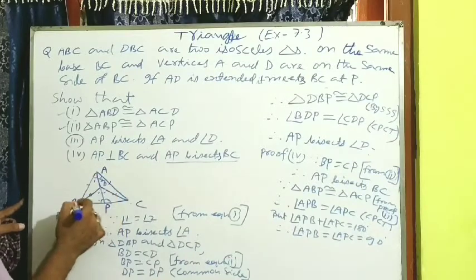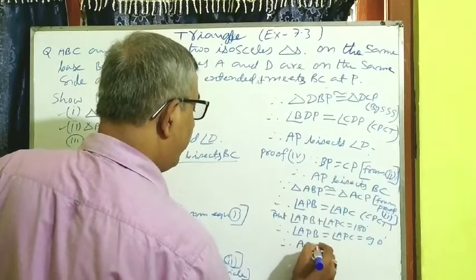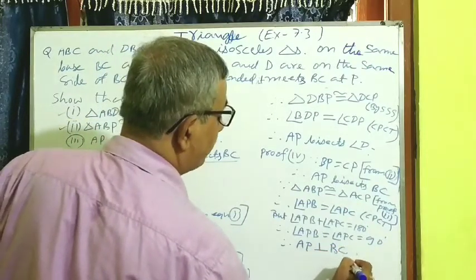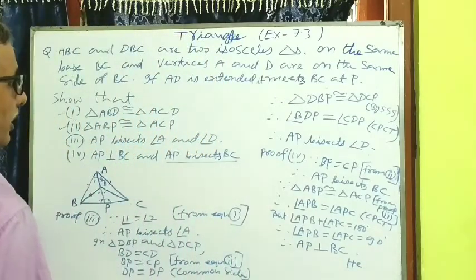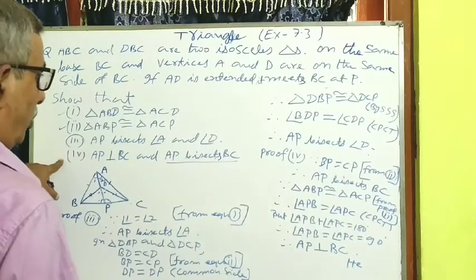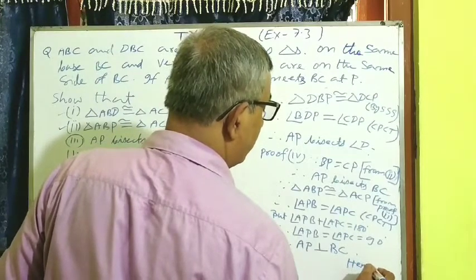Therefore AP is perpendicular to BC. Hence proved. This was proof number 4. Hence proved.